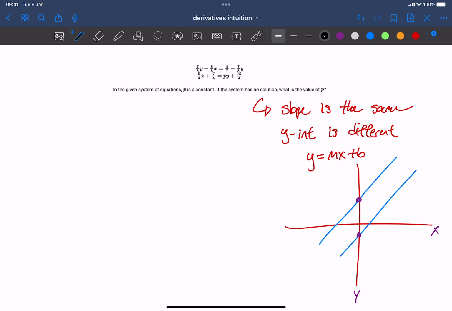So I'm going to work with equation 1 first. I'll label these. Now working with equation 1, we can combine the like terms and simplify, and we will get something like this. So I'll move the y to the other side by adding 7 over 8. And we should get 14 over 8y minus 5 over 8x equals 4 over 7.